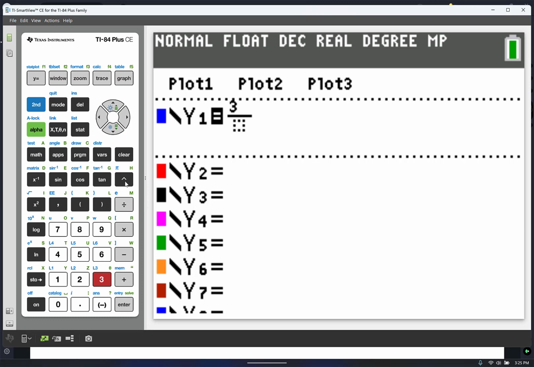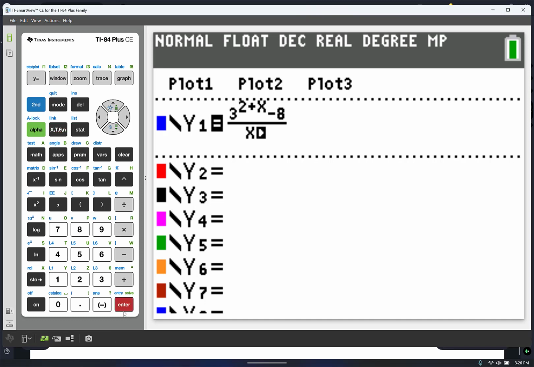So 3, then put a caret, and then put 2 plus X. And then push to the right so you can go back down. And then what was it? Minus what? So minus 8, all divided by X. So does everyone have it looking like that?